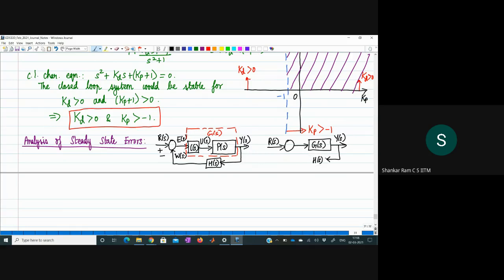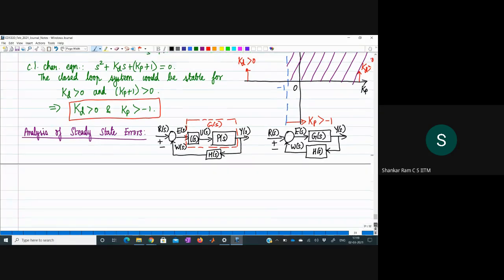You can see that rather than having C of s and P of s in series, we just have G of s as the forward path transfer function.